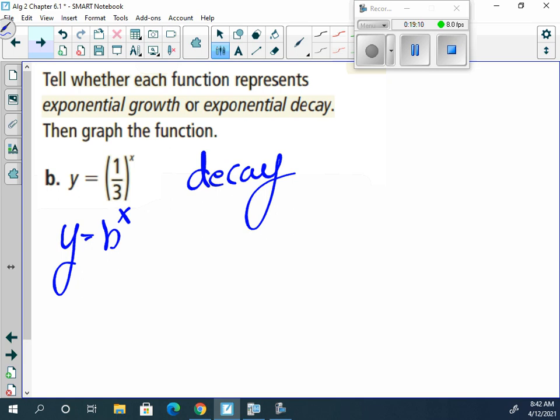And if it's less than 1, or between 0 and 1, it is decay. So 1/3. Is 1/3 greater than 1, or between 0 and 1? It's between 0 and 1, so it is decay. If it is greater than 1, it is growth.